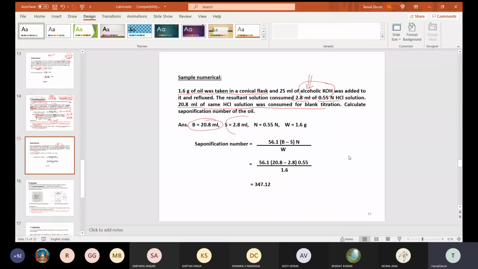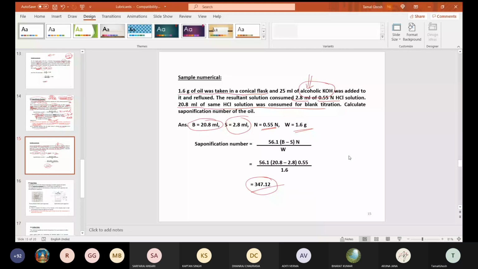The normality of HCl is 0.55 and the weight is 1.6 gram of oil. If you substitute these, our saponification number is 347.12. Someone can do this experiment with a simple burette, pipette, a condenser and a round bottom flask. These things are required, so it can be performed.